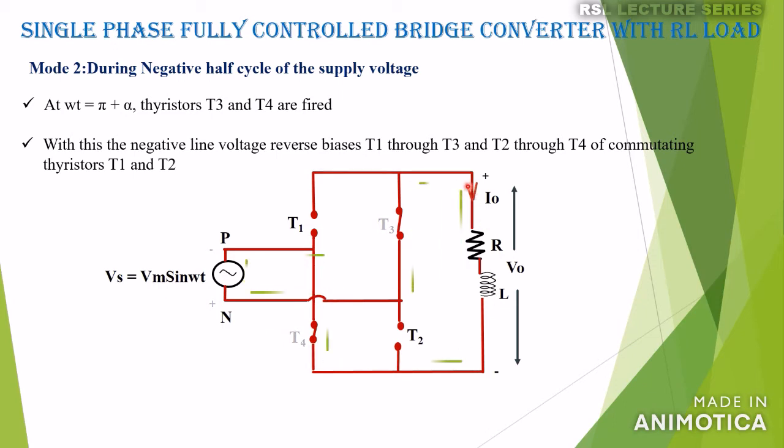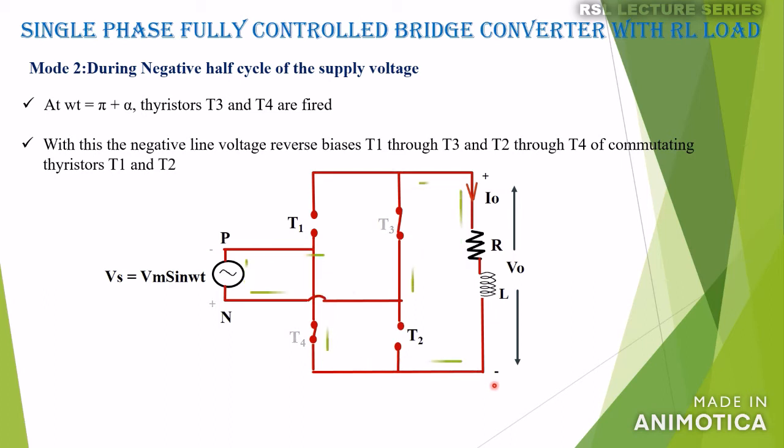Again the load current continues to flow in the same direction, from the upper terminal to the lower terminal. The upper terminal of the load is directly connected through the conducting thyristor T3 to the positive terminal N, and the lower terminal of the load through the conducting thyristor T4 is directly connected to terminal P, that is the negative. So V0 will be equal to the supply voltage with polarity plus and minus.